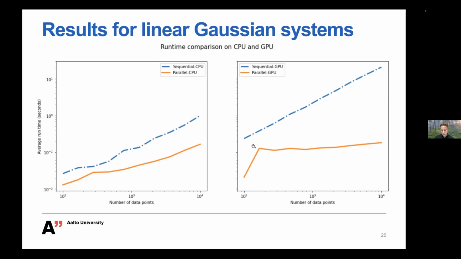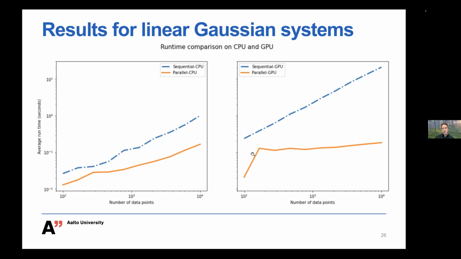But in GPUs, we get much better performance because we can easily have tens of thousands of cores, which we can actually use. And the more you have, the better, because it should be logarithmic in the number of data points.